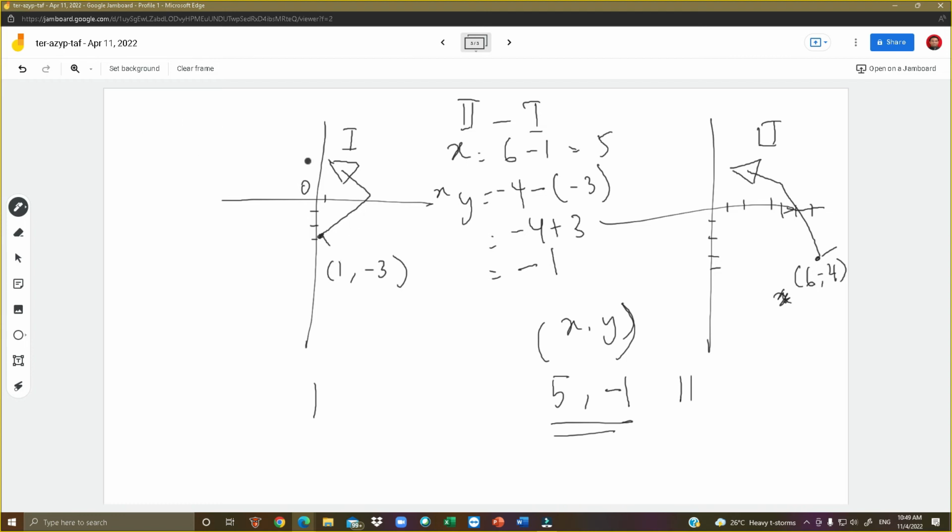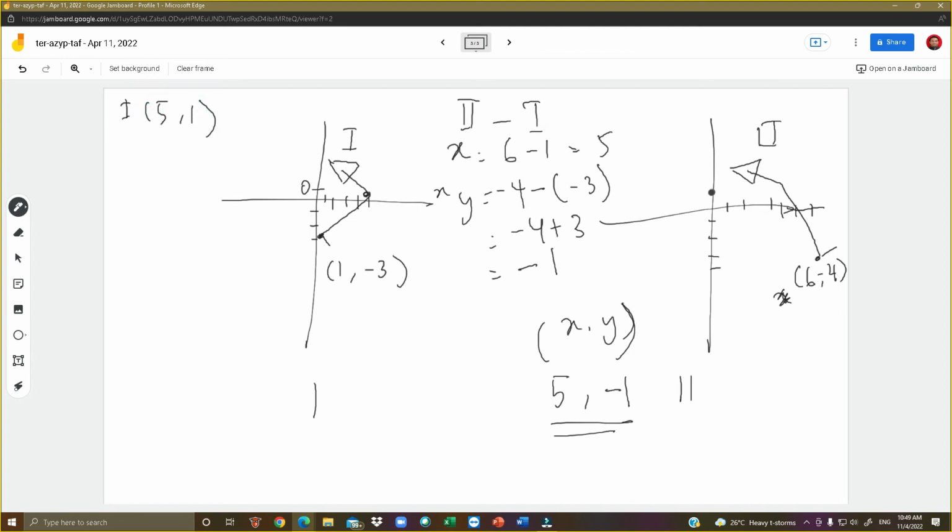Okay, let's take another example. We take the knee. 1, 2, 3, 4, 5. This one will be 1, 2, 3, 4. Okay, it becomes 4. We take the knee point. For 1, the knee point will be 5, 1.